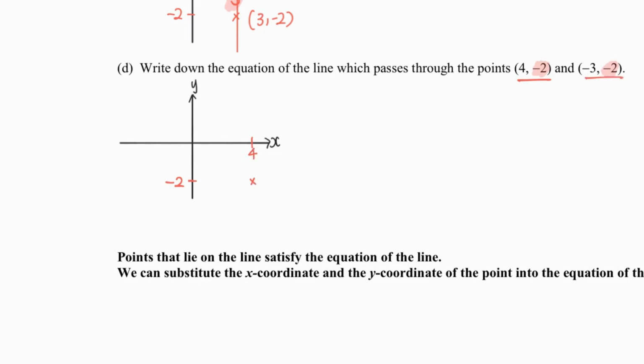And negative 3, negative 2, so negative 3. And let's see, what does this entail? I'm going to draw this line, sketch this line out. Okay, let me make it more accurate.